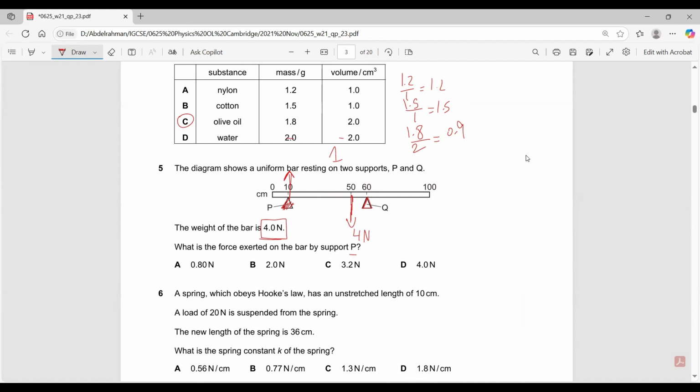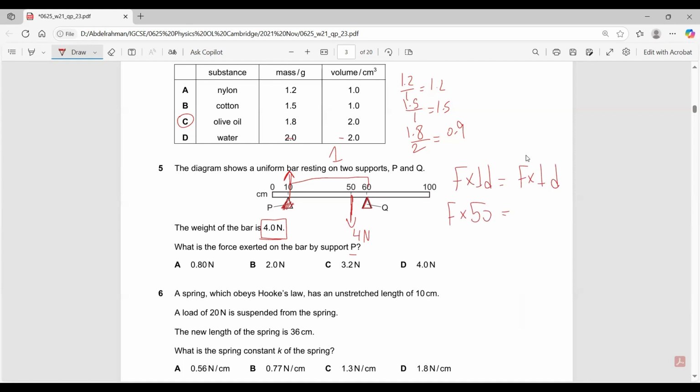Yes. So force times perpendicular distance equals force times perpendicular distance. F times the distance all the way to the pivot, which is from 10 to 60, it's 50 centimeters.